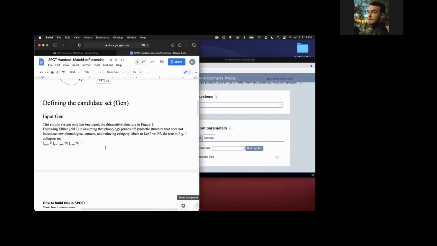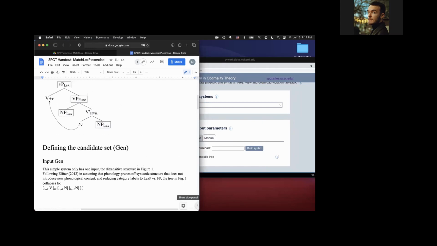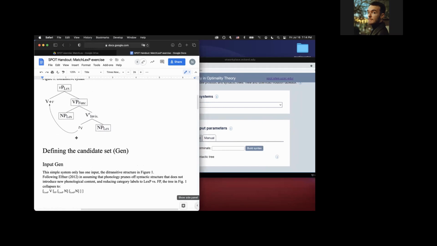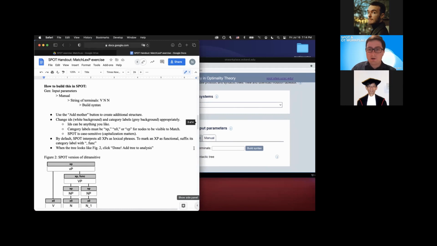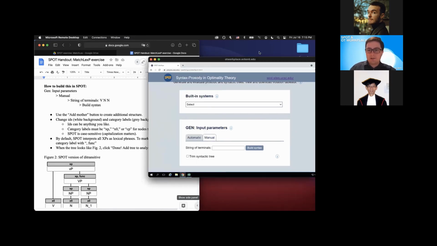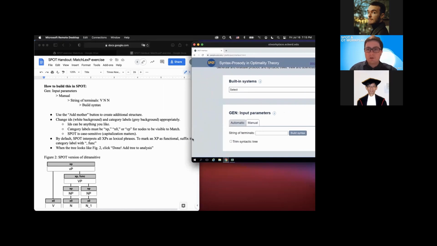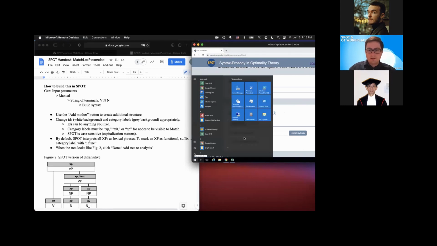Okay, so our gen input is only going to have one structure because we're just looking at this ditransitive syntax here. And we already saw from Jenny how you can go about inputting manually a structure into SPOT. So I would encourage you to, on your own computer, follow along and build the trees yourself with us. So there's the interface. I just sent the link in the chat.